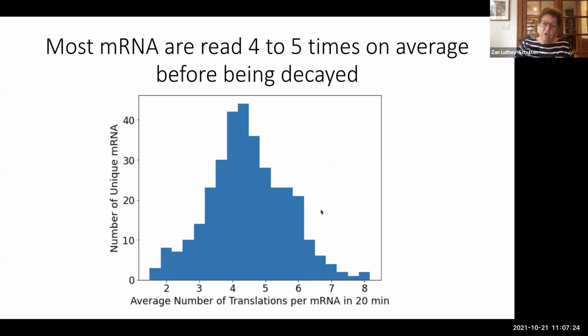And the other thing that you can start looking at is the average number of translations per messenger in 20 minutes. So a messenger on average can be translated about 4 times before it decays in those 20 minutes. So you're already obtaining a lot of information about the system.